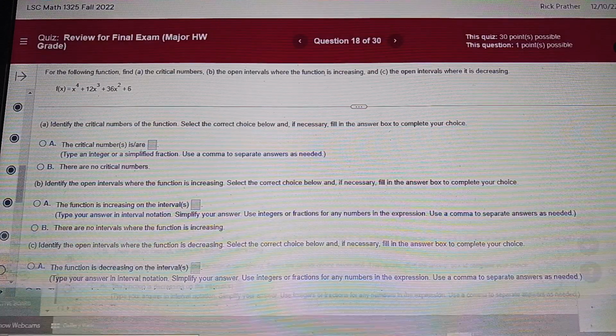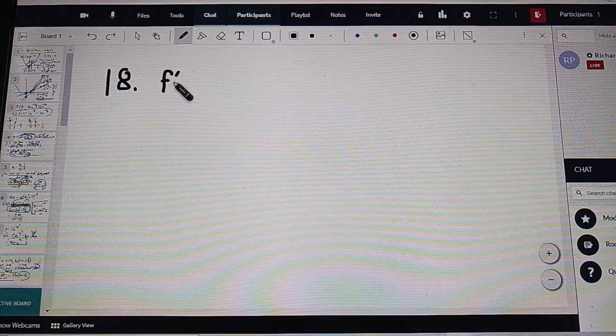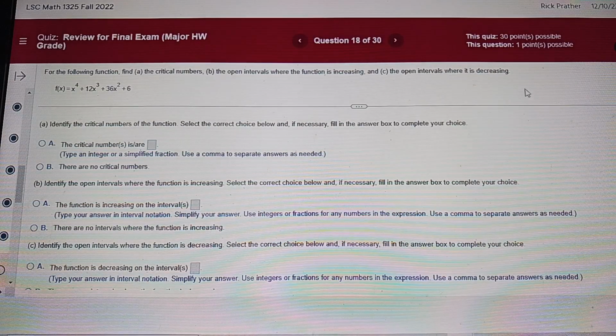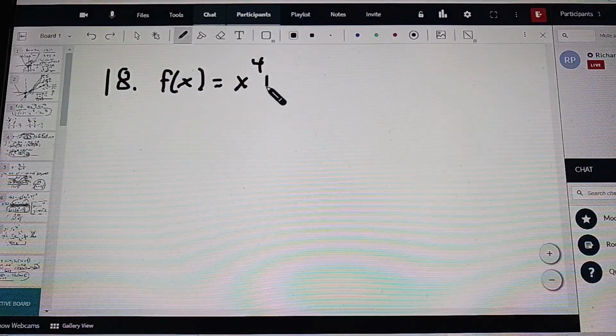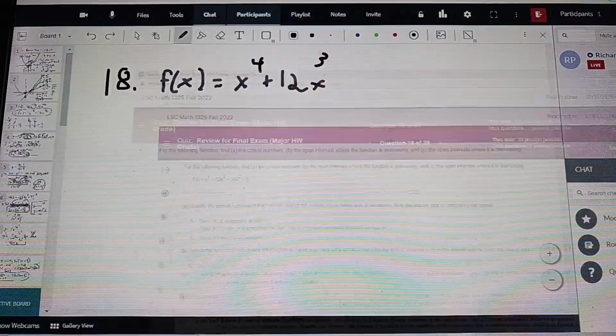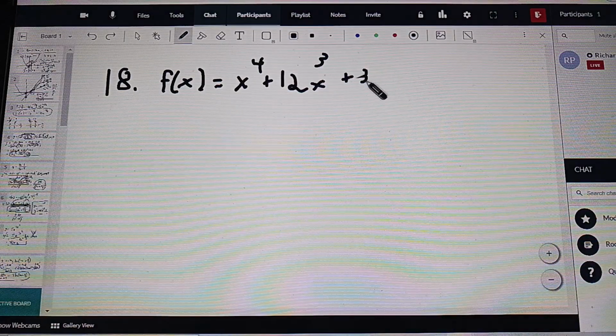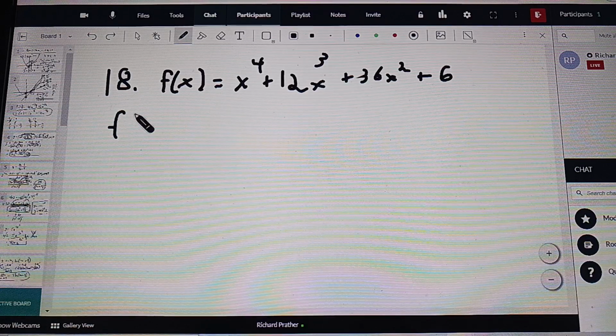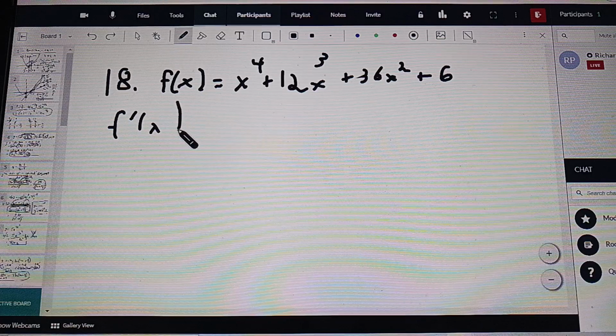So f of x equals x to the fourth plus 12x cubed plus 36x squared plus 6. So we find the first derivative of the original function.